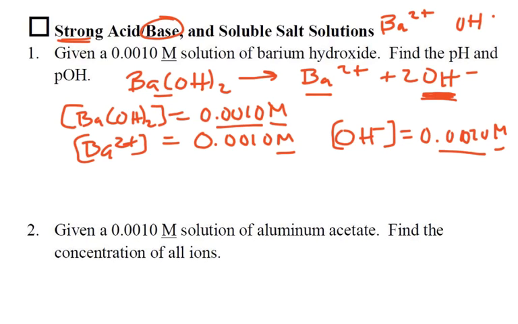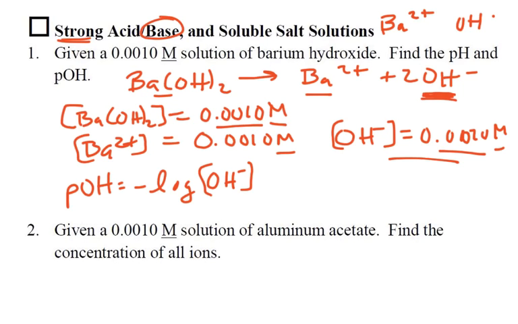Now, once we know the hydroxide concentration, finding the pH and the pOH should be pretty easy. And if I know the hydroxide, I'm going to go ahead and figure out my pOH, because we know that that is the negative log of the OH- concentration. And so using my calculator, I find out that that is going to be 2.70, and the pH is simply 14 minus the pOH, and that's going to come out to be 11.30.